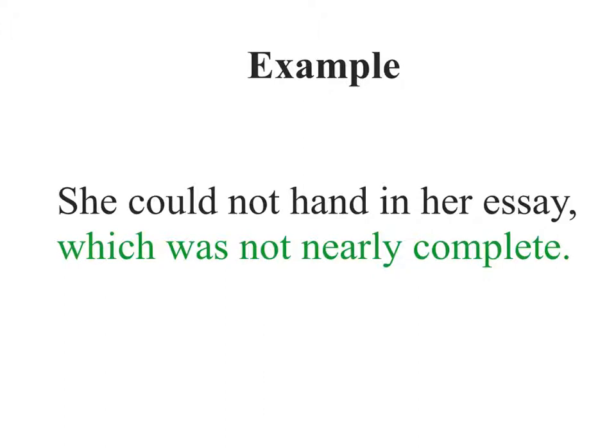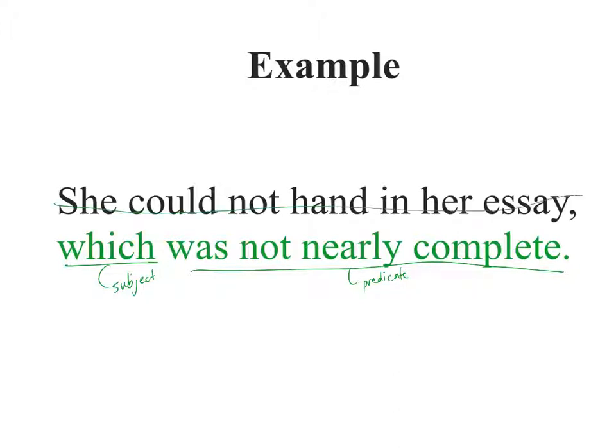So now if we look at the other part of that sentence, she could not hand in her essay, which was not nearly complete. Does it have a subject and a predicate? Well, yeah. Which would be the subject, and was not nearly complete would be the predicate. So it's a clause. But could it stand on its own?